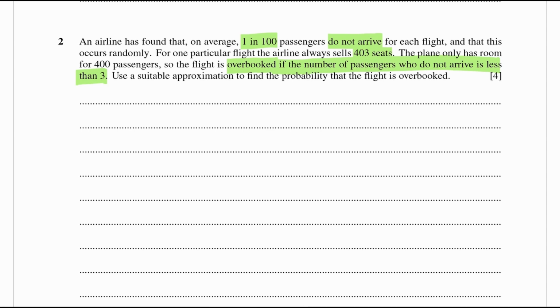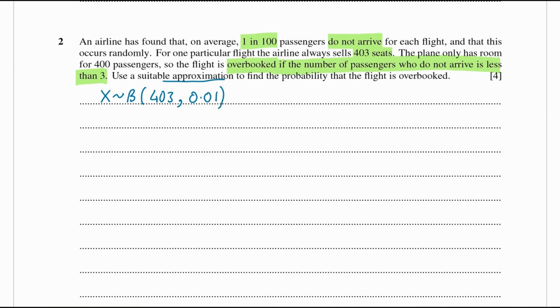First of all, I hope you can see this as a binomial. We're going to do the approximation in a minute, but this is a binomial. There are 403 seats that have been sold, and the probability of someone not arriving is 0.01, or 1 in 100.